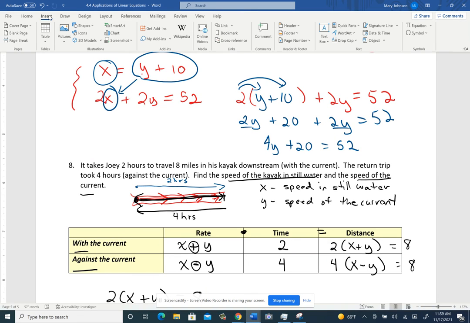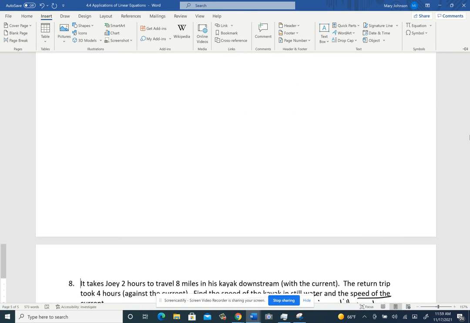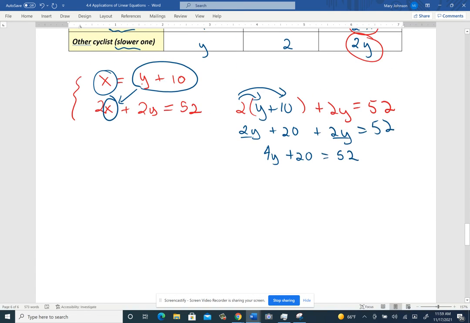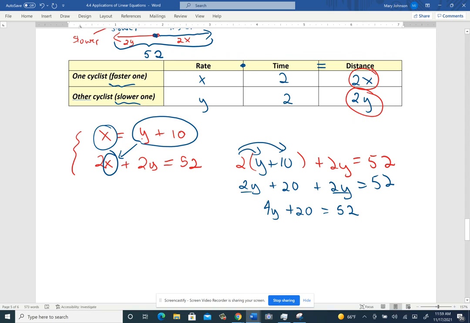I'm just going to insert a page break, go back up, and finish that. Okay, so see how now, once we did the substituting step, we have an equation with just one variable in it. So we're just using our chapter 2 skills. 4y plus 20 equals 52. So I'm going to subtract 20. That gives me 4y equals 32. And when I divide by 4, I wind up with y equaling 8.